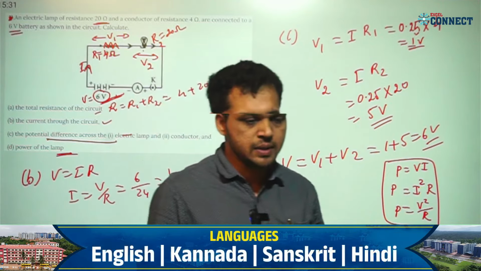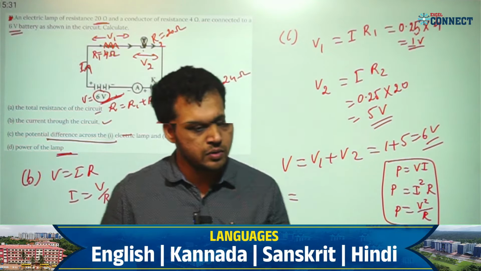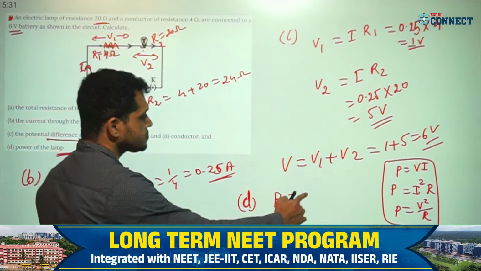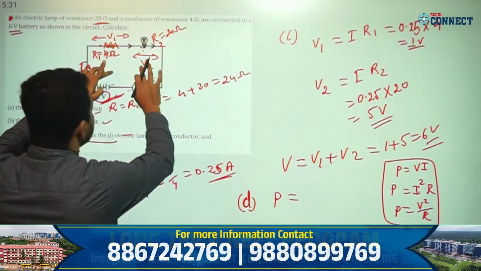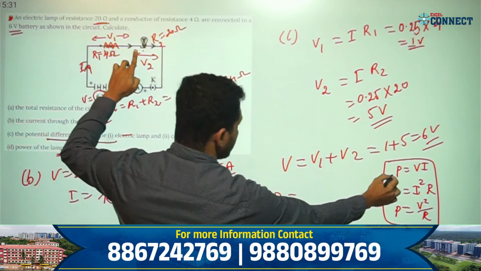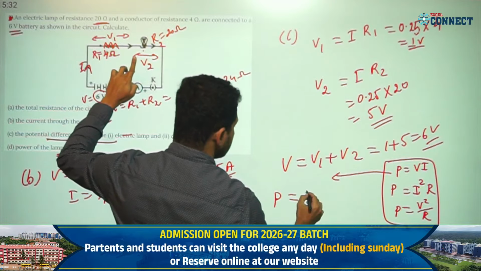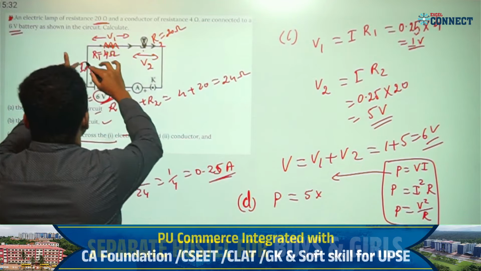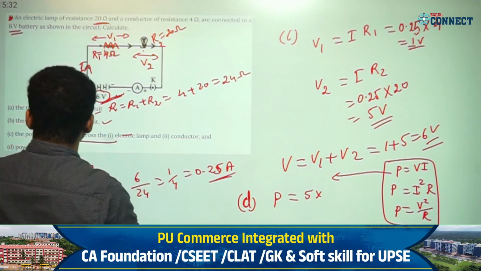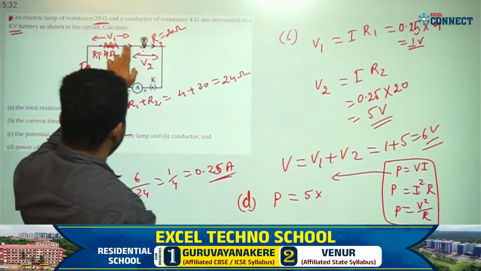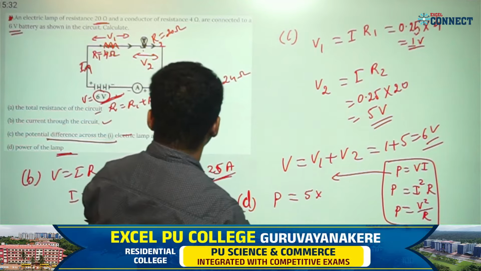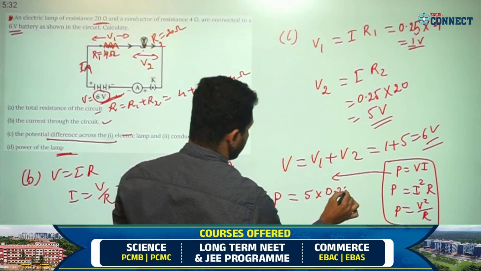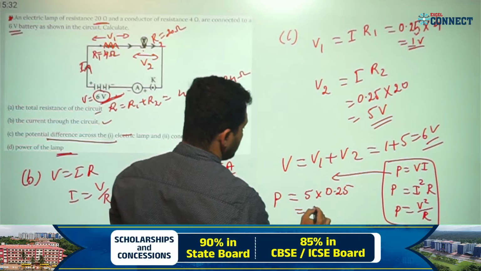1.25 watt someone has given here. Is that correct? Someone says 5 watt. What is the correct answer? I'll write V into I. V is V2, which is 5. Current through this bulb, I have calculated, I is equal to 0.25. 5 into 0.25 is 1.25.